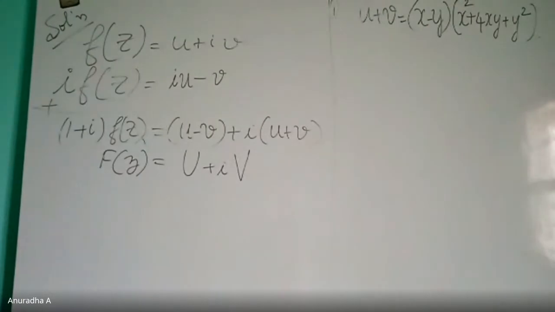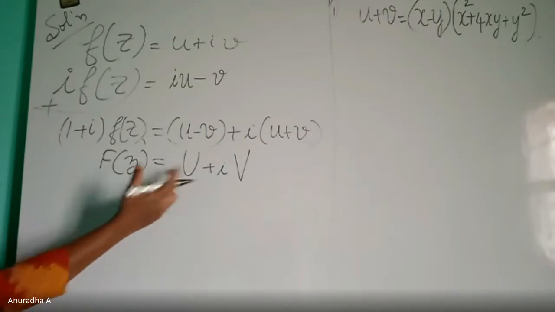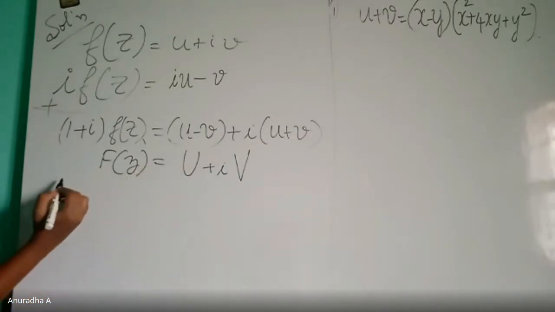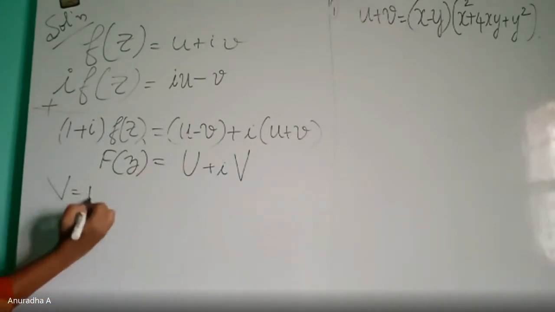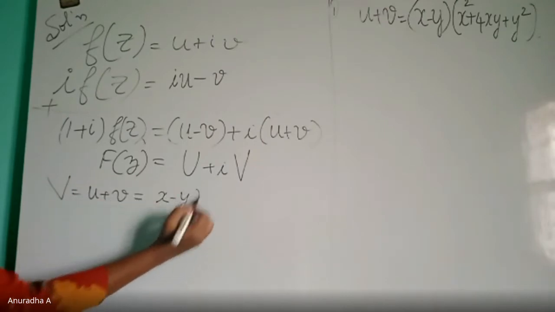So from V find what is f of z using the Milne-Thomson method, because the Milne-Thomson method has fewer steps, and anyway we don't want to separate all. They have not asked for the harmonic conjugate. They have asked what is f of z only. So now V is equal to u plus v, which is the question.